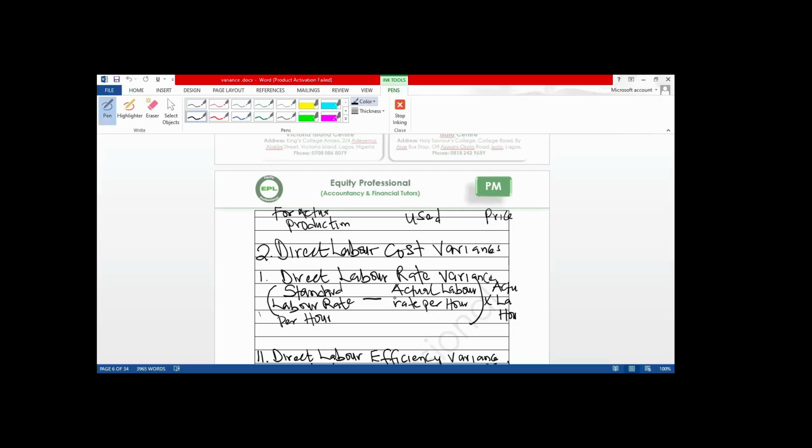This is calculated as standard labor rate per hour minus actual labor rate per hour, multiplied by actual labor hours.